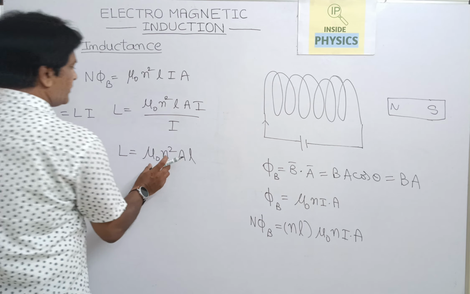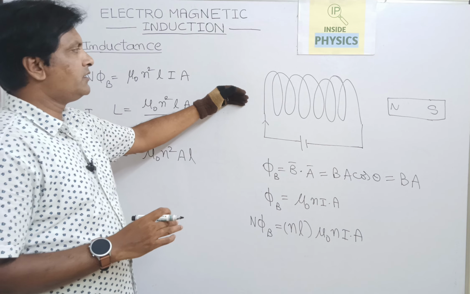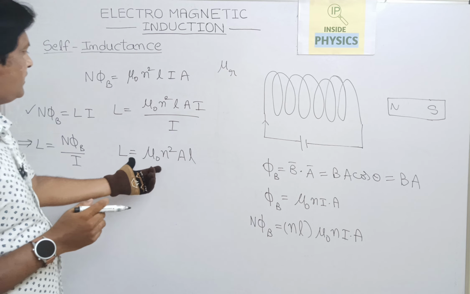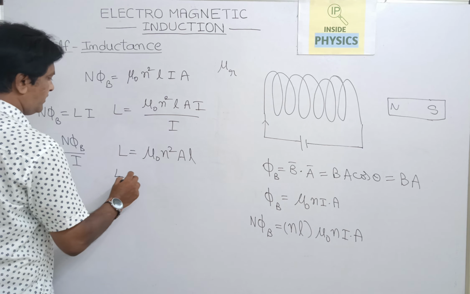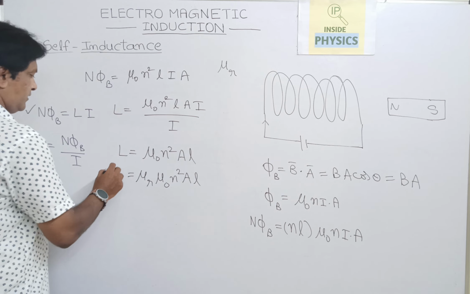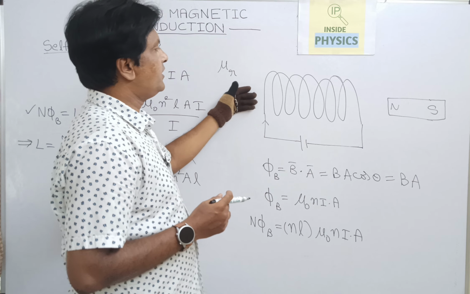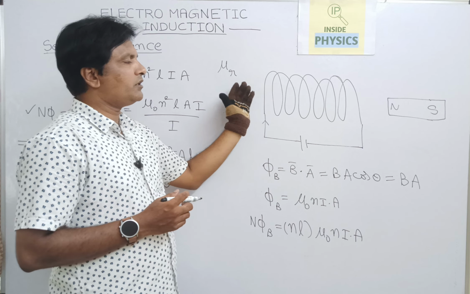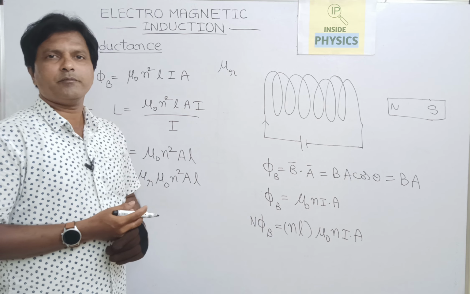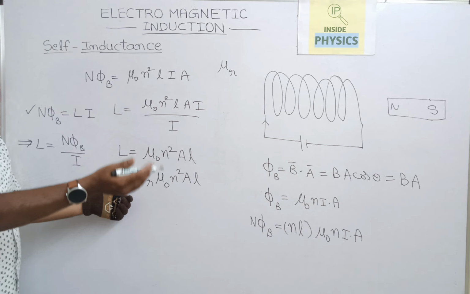If we introduce any material having more permeability than free space or air, like soft iron, which has a high relative permeability represented by mu r, then the self inductance will increase by mu r times, that means mu r mu naught N square A L. Previously there was no material, only air or free space, but when you introduce a ferromagnetic material which has more permeability, that means more susceptibility, then the self inductance will increase.